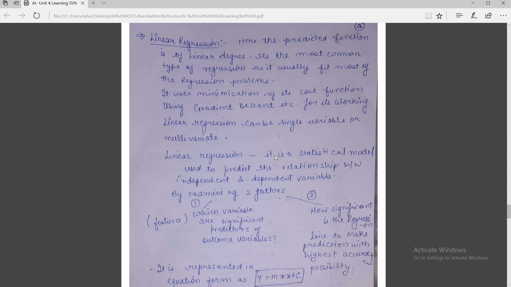As a definition, it is a statistical model used to predict the relationship between independent and dependent variables.